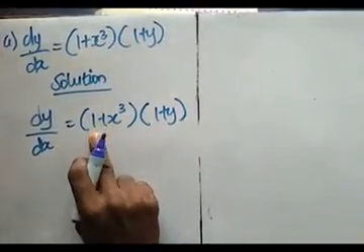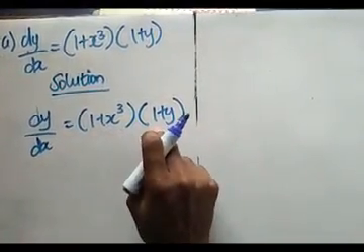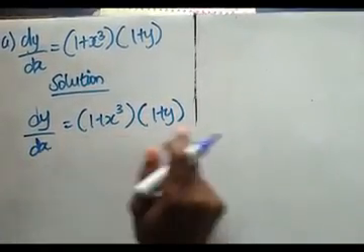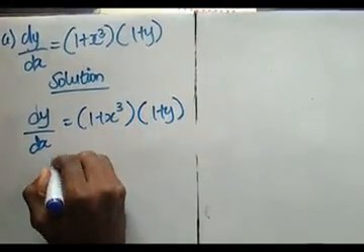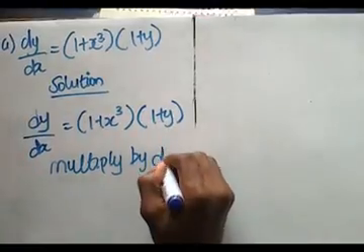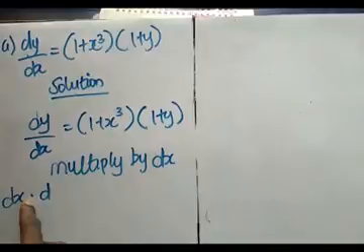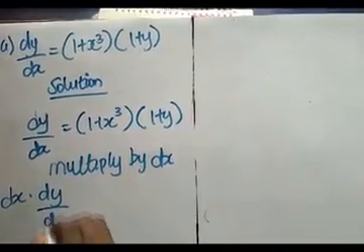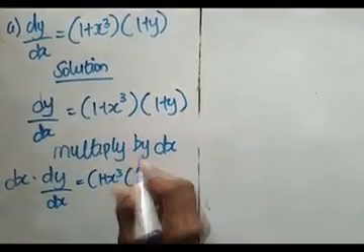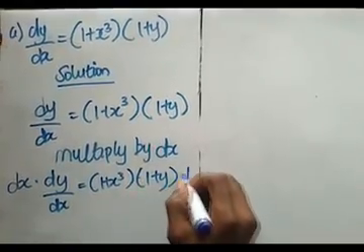This is the function of x, and this is the function of y. By separating variables, the first step we need to do is multiply through by dx. So dx times dy over dx equals (1 plus x)(1 plus y) dx.